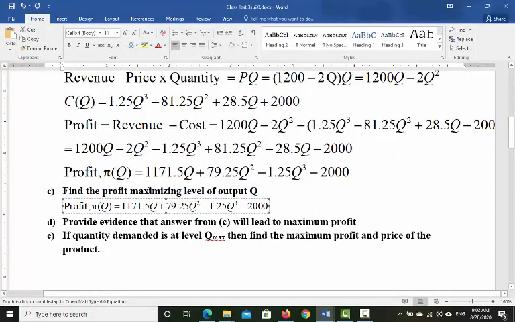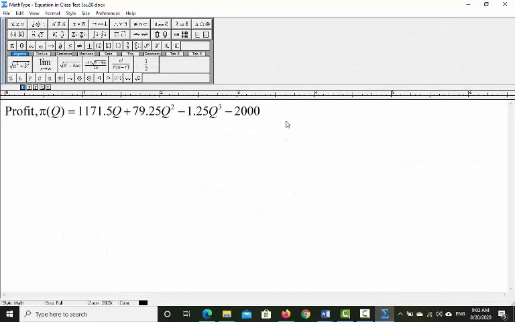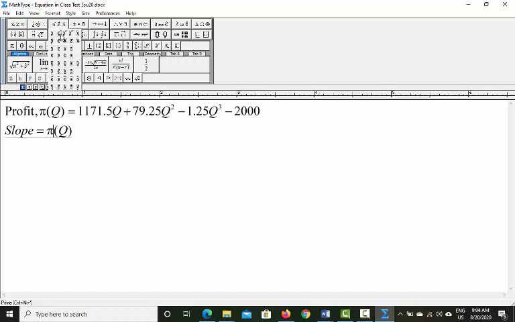If you want to find the maximum or minimum point, you need to find the slope. At a stationary point we know that the slope is 0. So first find the slope. Slope means we need to do differentiation of this one.